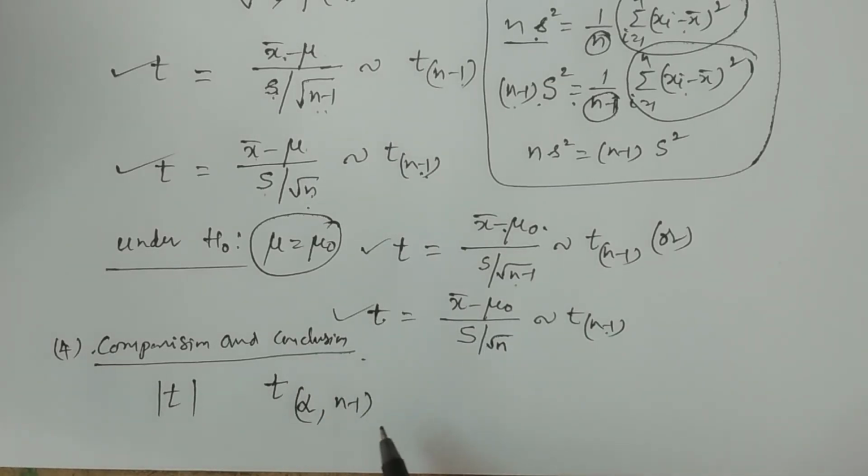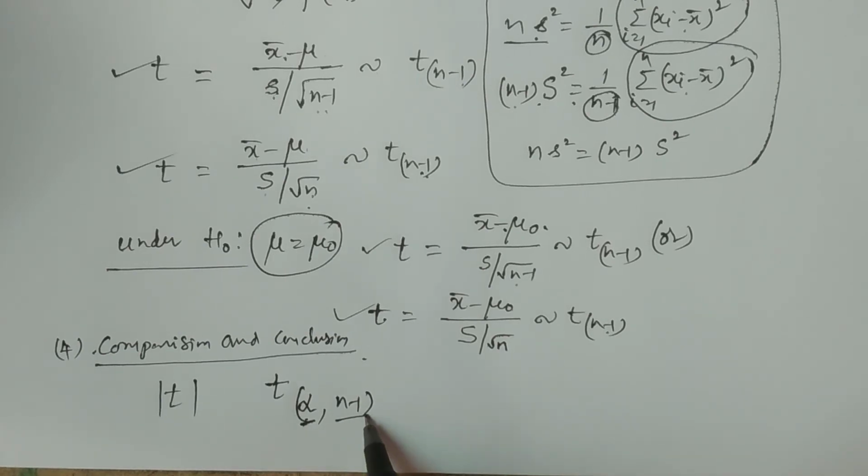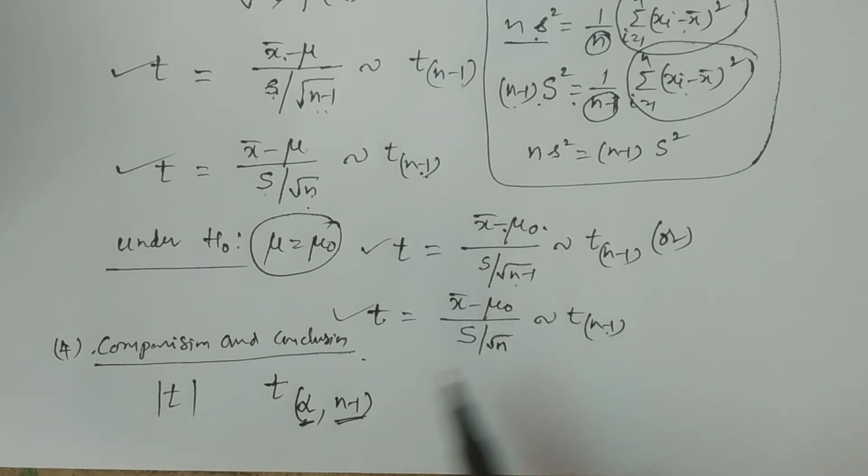For the t distribution, there are two crucial points to get the tabulated value: one, the level of significance alpha, and another, the degrees of freedom, that is n minus 1. So at alpha level of significance and n minus 1 degrees of freedom, we get the tabulated value of t, called t alpha comma n minus 1.